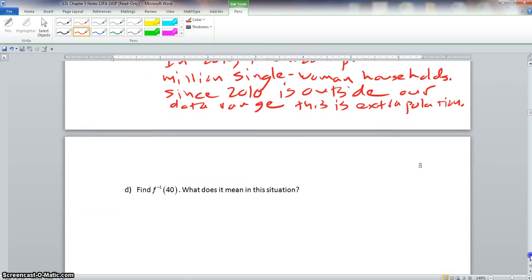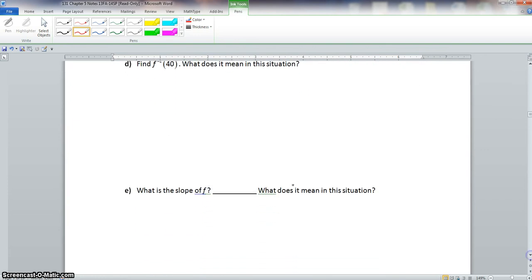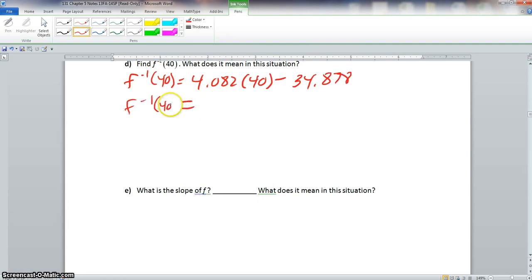And we go here to D. It says find the inverse of f of 40. What does it mean in this situation? So we have the inverse of f of 40, which is equal to 4.082 times 40 minus 34.878. Once we put this in a calculator, we will have our answer of 128.4.